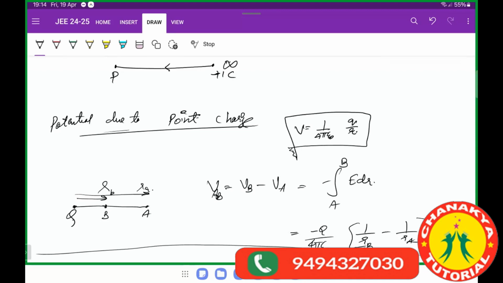But here we have considered 2 points, the potential difference between 2 points.